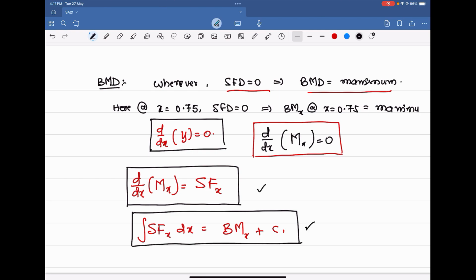These two things, please remember: bending moment is nothing but the integration of shear force, and shear force is nothing but the differentiation of the bending moment. These two are very important.